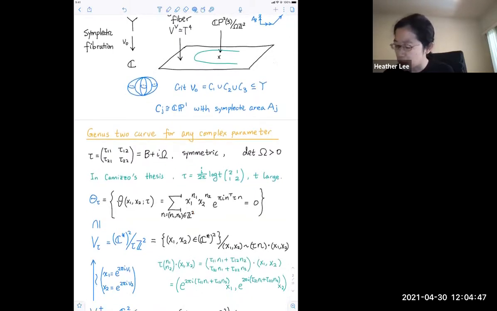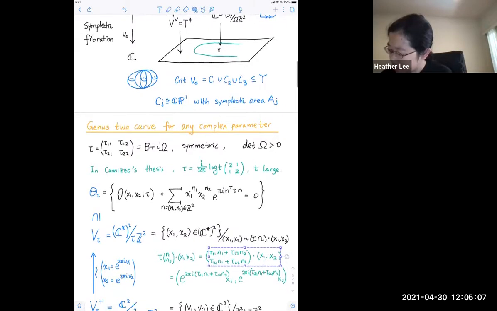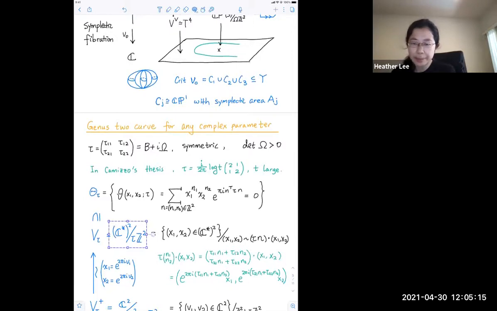The action of an element τn, n in Z², is given by this formula. So τn acts on (x1, x2) in (C*)² according to this formula, and that gives this abelian surface.